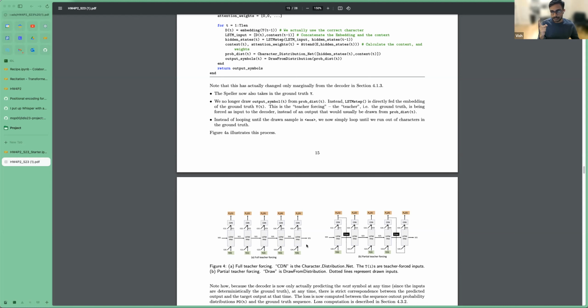If you have it as 1, you're saying the model should be using whatever the ground truth transcript is as input for the next time step. We're also doing maximum likelihood estimation.